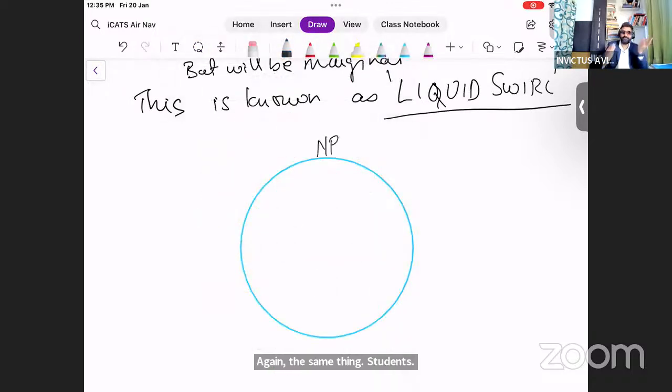This is my North Pole. We'll assume the magnetic North Pole. This is the magnetic North Pole.